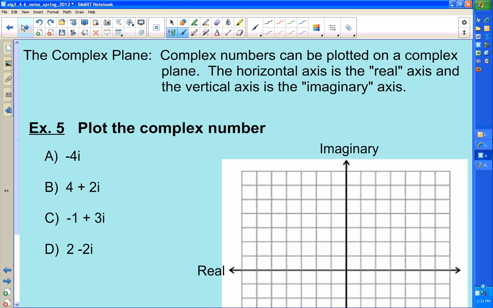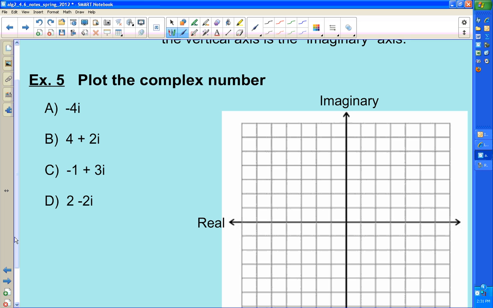Okay, the last thing I want to talk about very quickly is the complex plane, which is really easy to plot on. We have the regular coordinate plane, but we call the horizontal axis the real axis and the vertical axis the imaginary axis. Horizontal is real, vertical is imaginary.